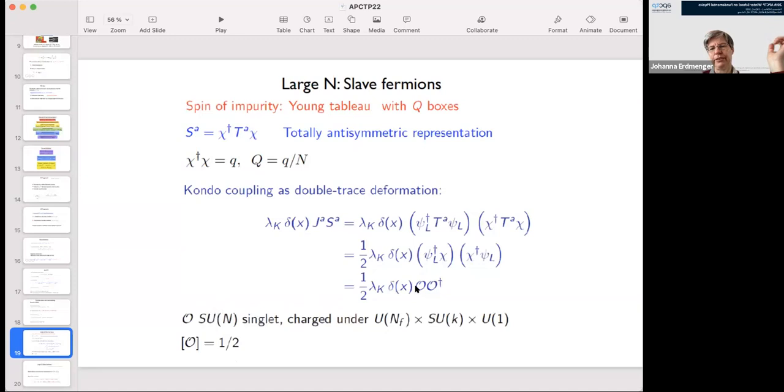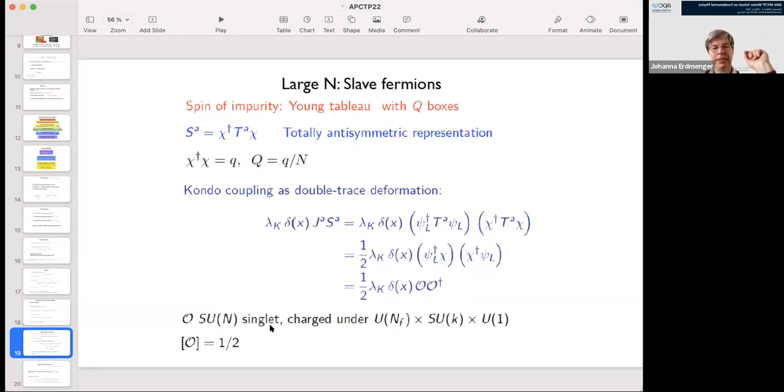That's why I call it double trace, although there is no trace here, because both of these fields are in the fundamental of this SU(N) symmetry. This is now going to be the key also for the AdS/CFT realization, because also in AdS/CFT there are methods for switching on the so-called double trace deformation, which I will show to you.